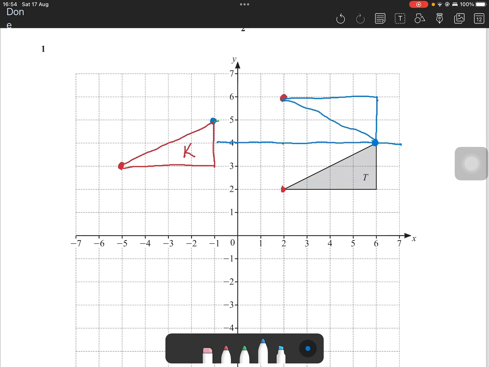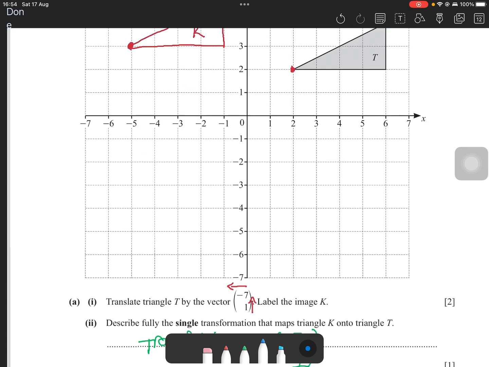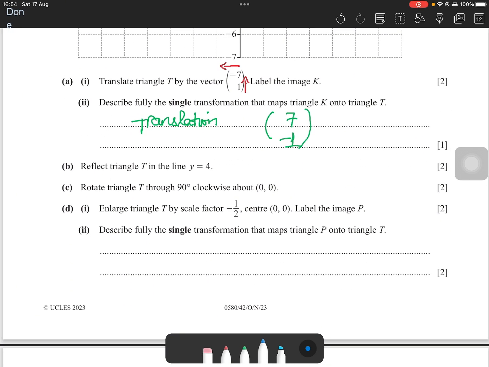So this is question B. We reflect the triangle T in the line y equals 4. This is the line y equals 4. C. Rotate triangle T through 90 degrees clockwise about the center (0, 0).